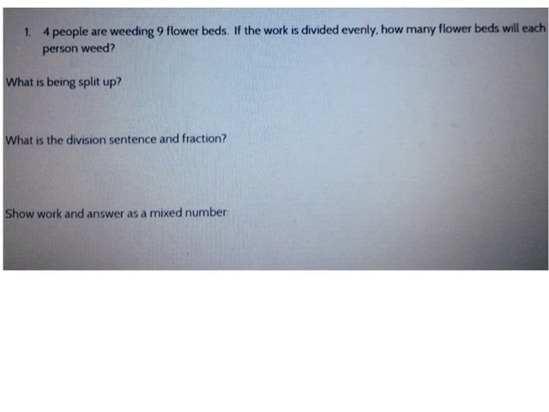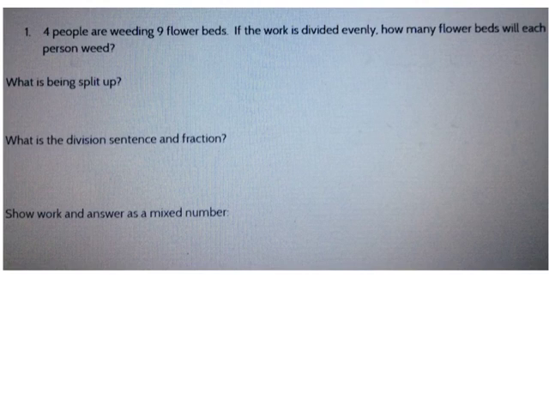So let's start with an example. 4 people are weeding 9 flower beds. If the work is divided evenly, how many flower beds will each person weed? What's being split up here? Are the 4 people splitting the 9 flower beds to do the work, or are the 9 flower beds splitting the 4 people?